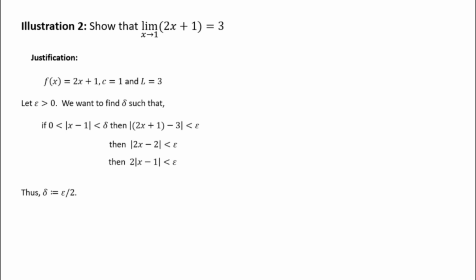And that's it. We've found the right choice for delta that works for any choice of epsilon. If you wish, we can still formalize the justification that we did here into a formal proof like this one.